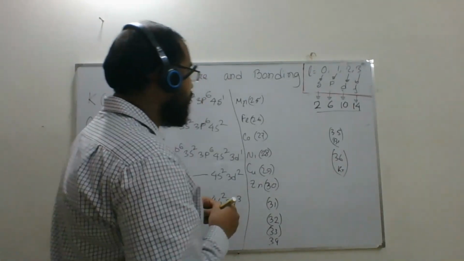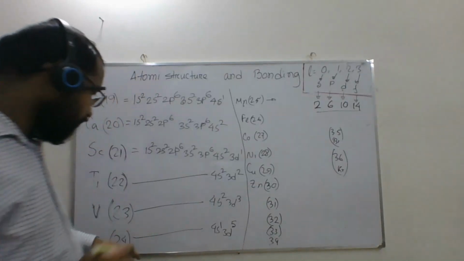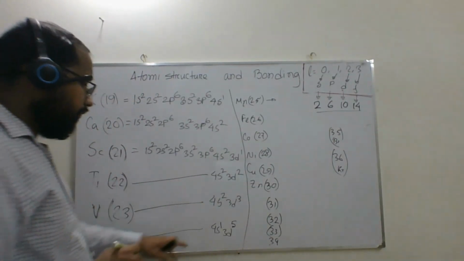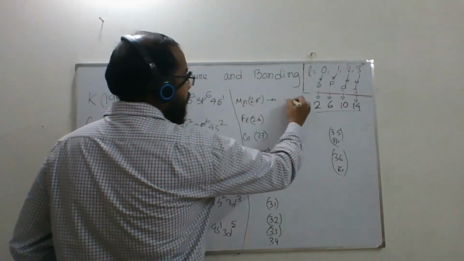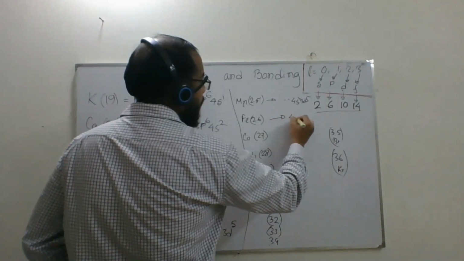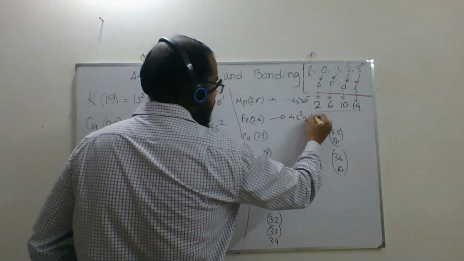Now this will be 4s1 3d5, then this will be 4s2 3d5, this will be 4s2 3d6.